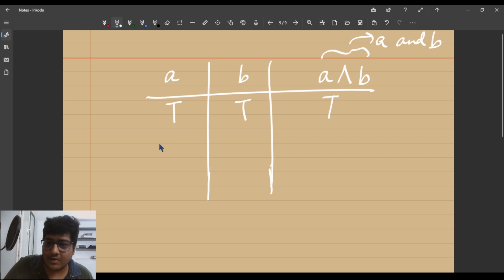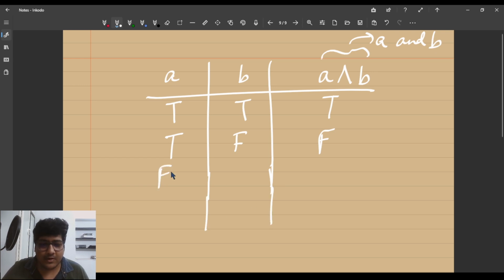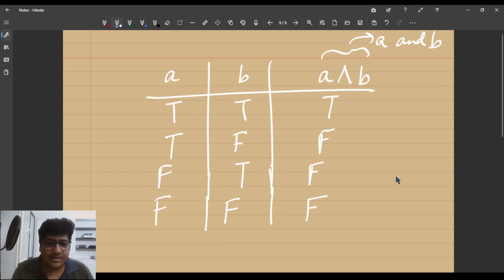But if Sohail had gone to the movie and Mohan didn't, then "Sohail and Mohan went to the movies" is a false statement. Similarly, false and true would give you a false statement, and if both statements are false, it will be false. So this is the AND operation, and this is how they can be linked together.